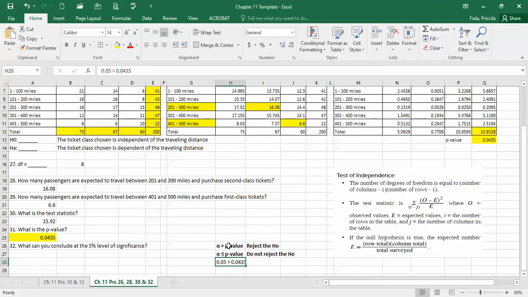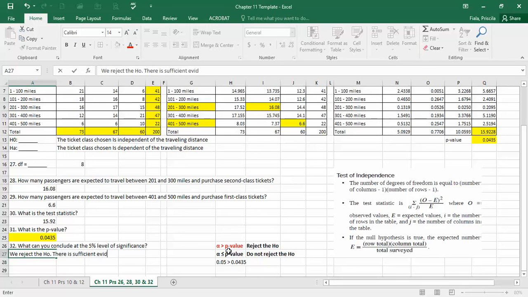So if your alpha is greater than your p-value, then what is your decision? We reject the null hypothesis, and we can say that there is sufficient evidence. We didn't prove, there's just sufficient evidence to conclude that the selection of ticket class is dependent on travel distance.